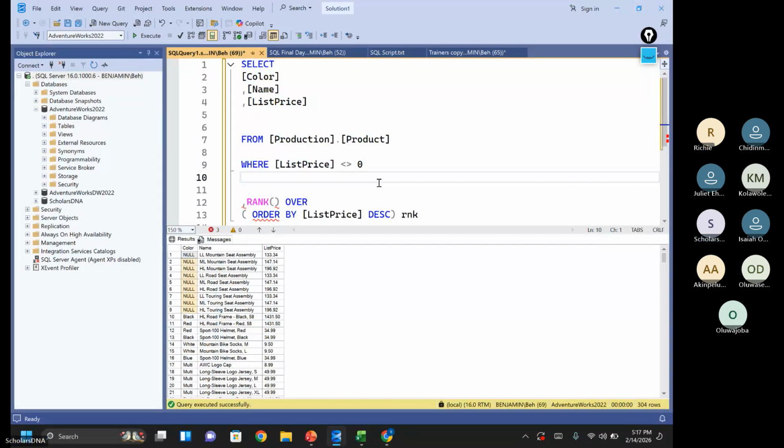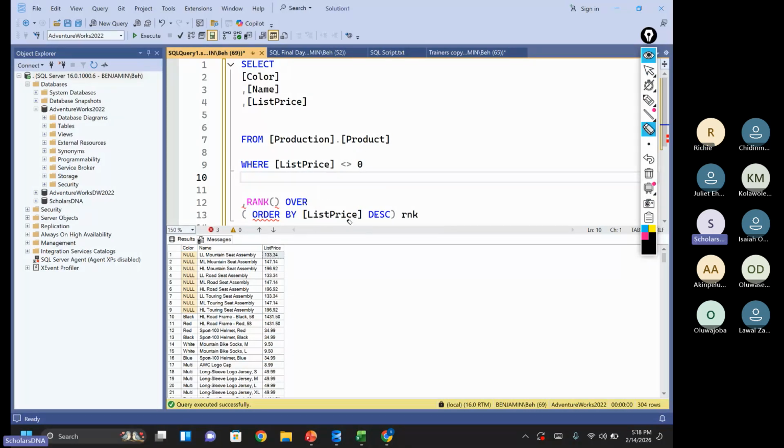Now, just imagine that we want to rank our pricing from the highest to the lowest. Imagine that is what we want to achieve. If somebody says, put the highest ranked versus the lowest ranked, you might want to look at it. So let's take this away.